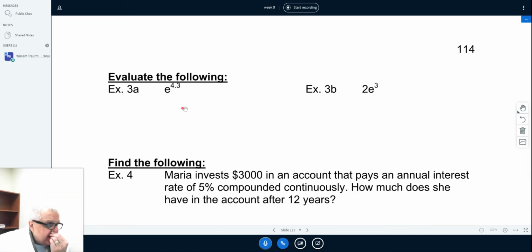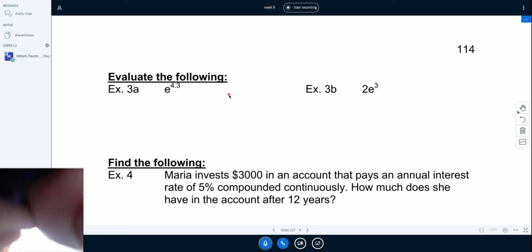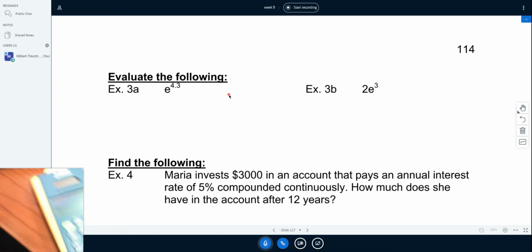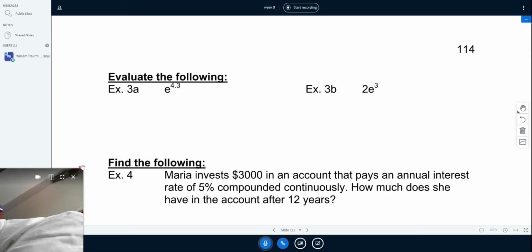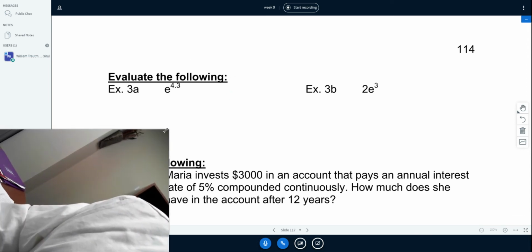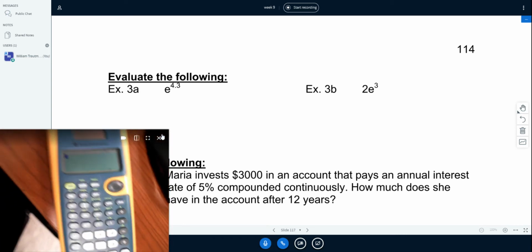We want to look at these really quick on our calculator just so we know how to type these in. E raised to the 4.3 power. E is Euler's number, and it is used for continuous compounding. So we need to know where that's at on our calculator.